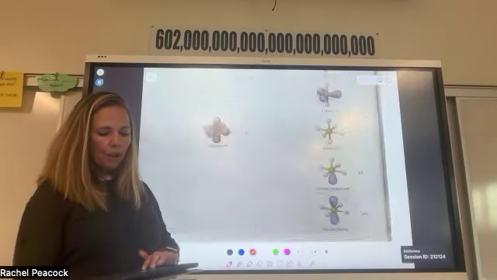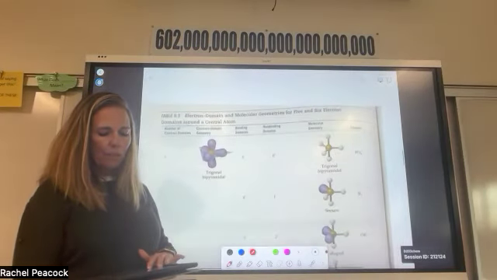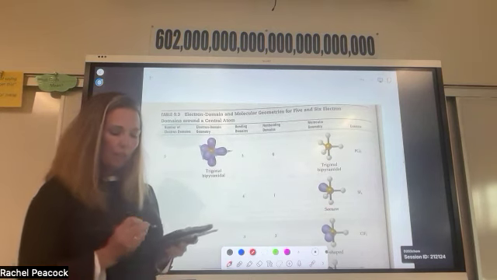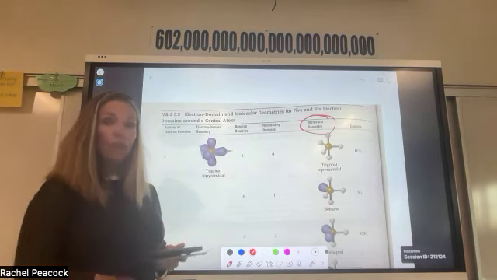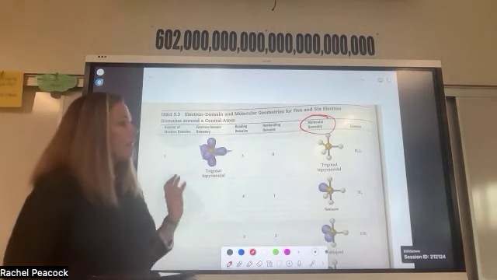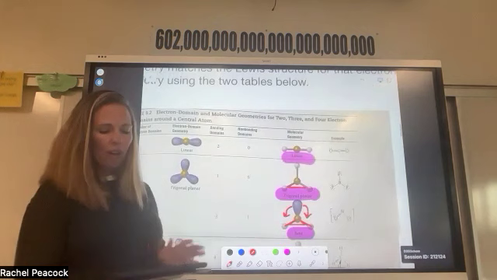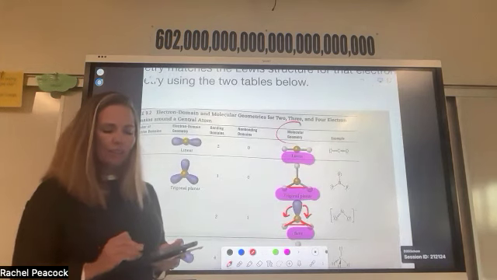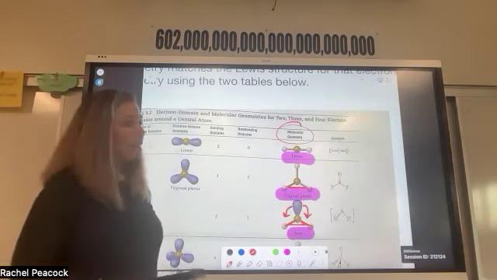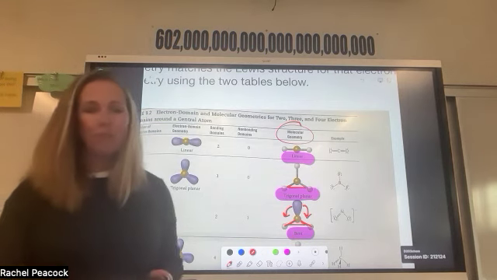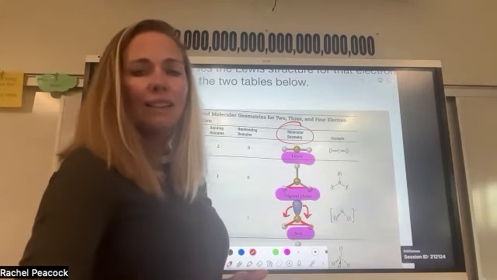Okay, so you can use these to help you figure out the molecular geometries. That's what I asked you to do on your worksheet. So you're just looking at this bar column over here to decide the molecular shape. Okay, and then we'll discuss them in more detail next class.